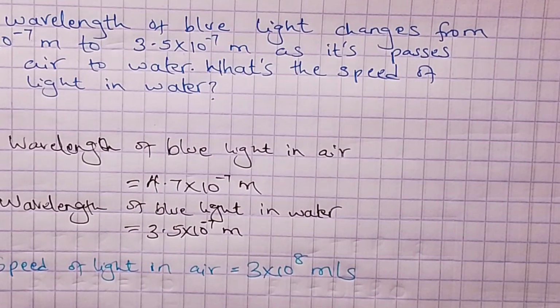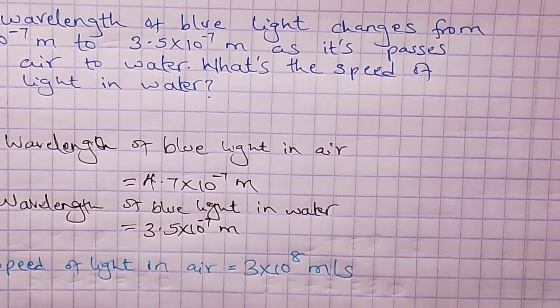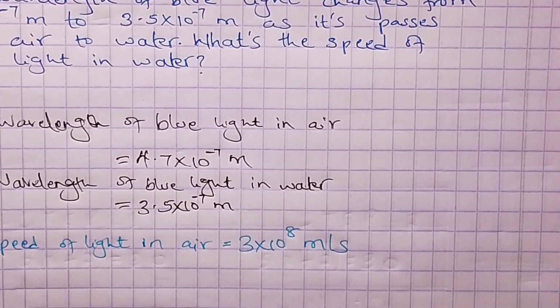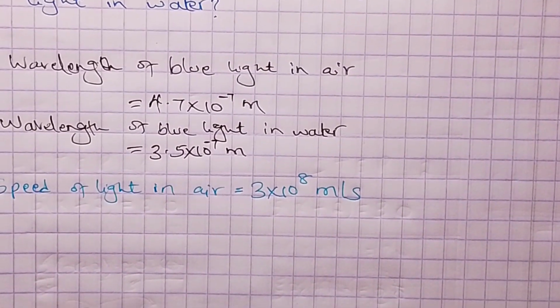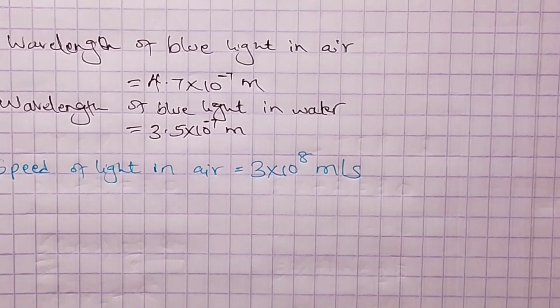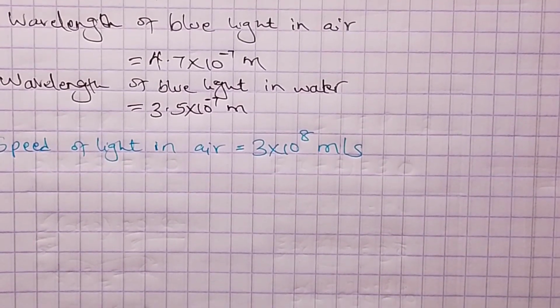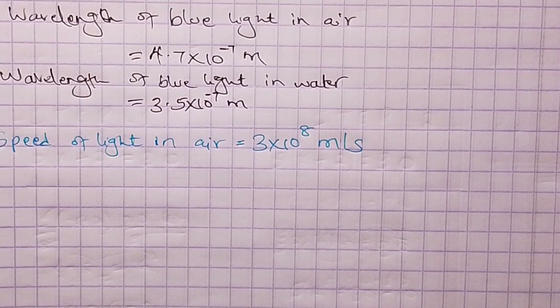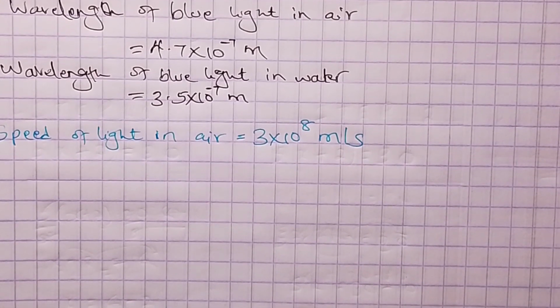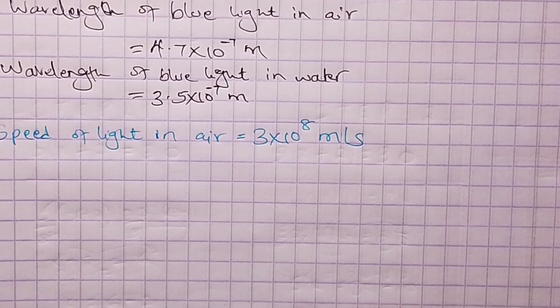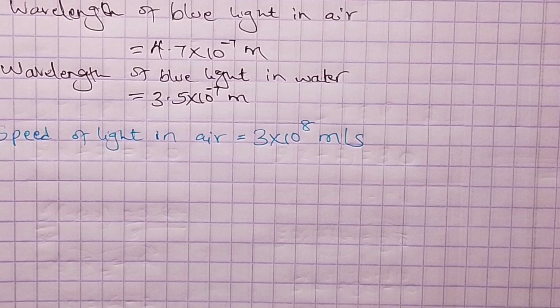Don't forget that one. Okay? Even if you are not given it, it is always given. So at this point, we know the speed of light in air, the wavelength of light in air, and the wavelength of light in water.